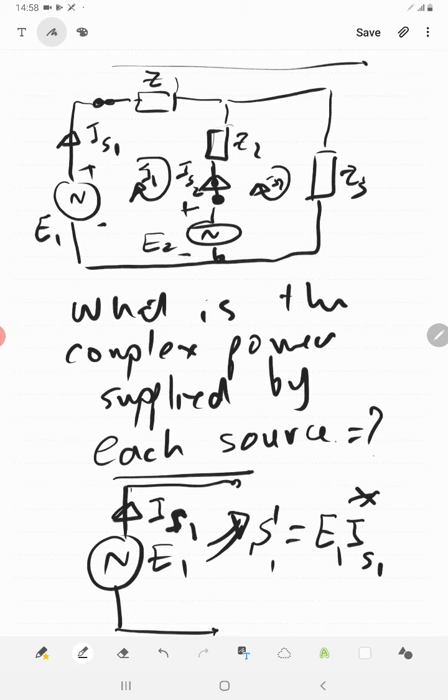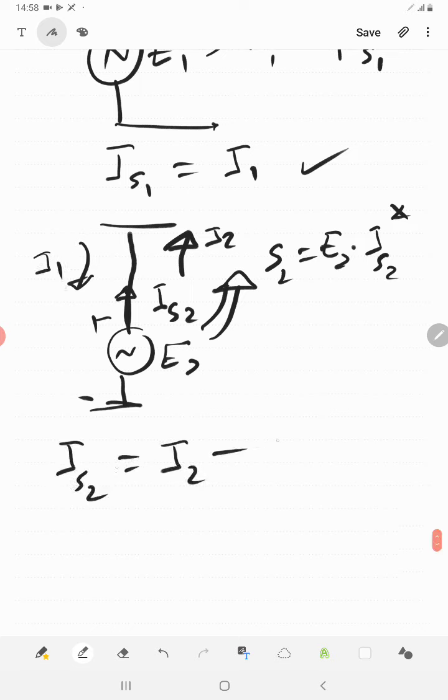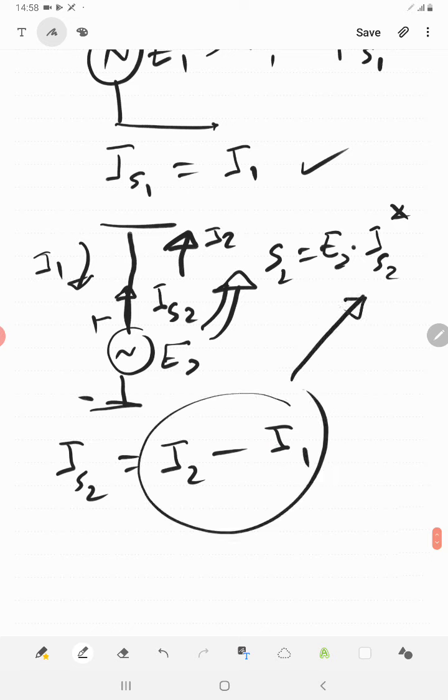So I source 1 and I1 are the same, but I source 2 is equal to I2 minus I1, because you have I2 here and you have I1 here. Okay? And you put it here. So we can determine the complex power supplied by each source.